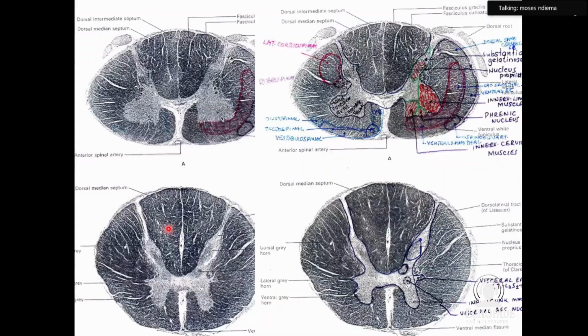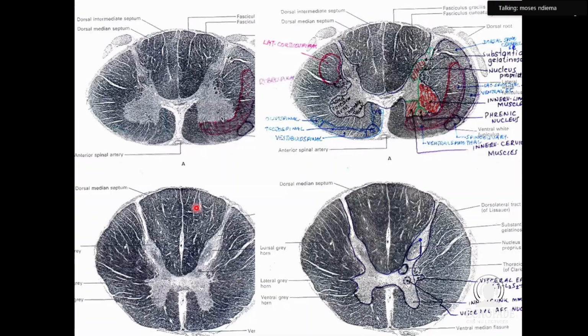Notice a very clear lateral horn. So we have the dorsal horn, the ventral horn, the lateral horn of the spinal cord. Notice also the proportion of the gray matter and the white matter. Here we have more white matter than gray matter.